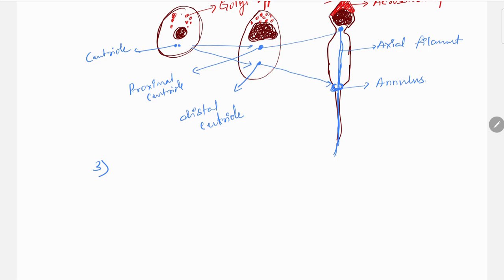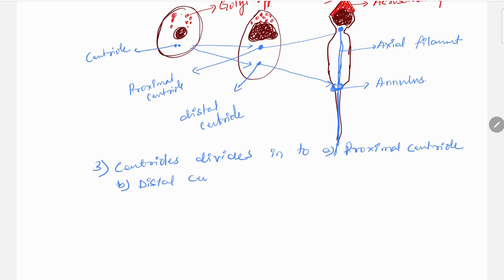Centrioles divide into A proximal centriole and B distal centriole. Correct? Next, what has happened?